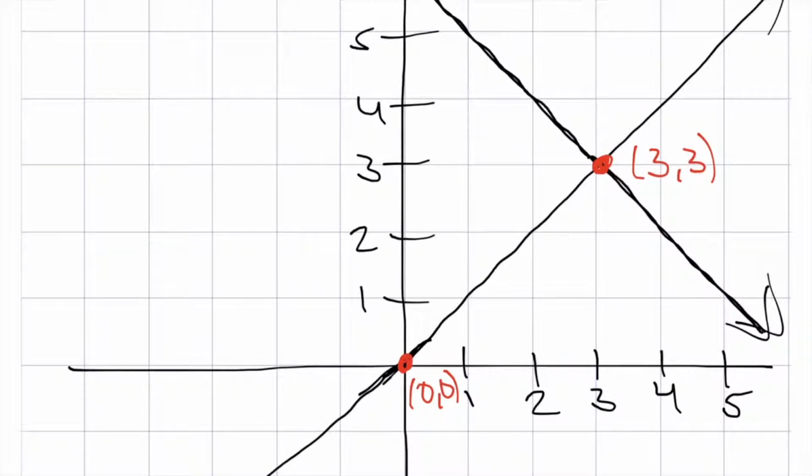Okay? So we're going to call this line A and the other one line B. So for line A, just to reaffirm, this is line A right here. Okay? We're going to go ahead and find the equation of that line.